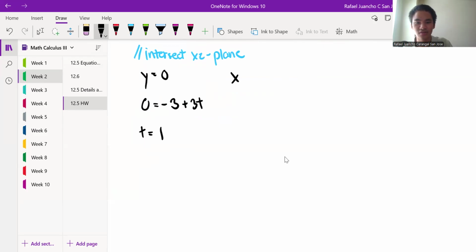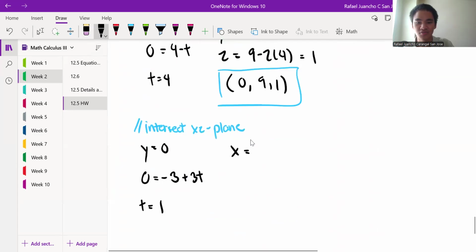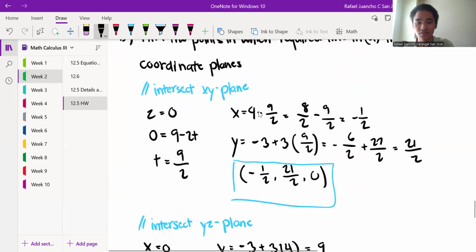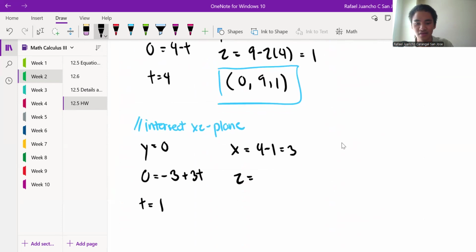Now I get an x value. So x is 4 minus t. So 4 minus 1, which is 3. And then z here is 9 minus 2t. 9 minus 2 times 1, 9 minus 2, 7.